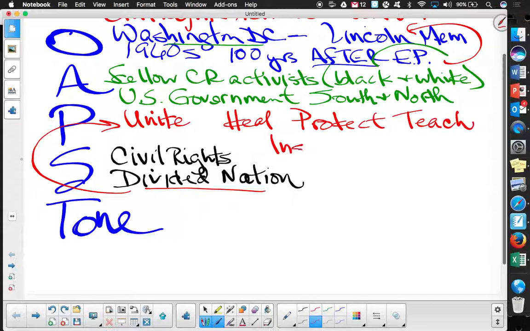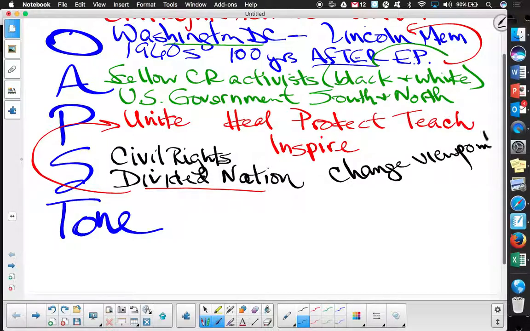People will say inspire. You could persuade. You could try to inspire people, from a subject, to maybe change viewpoints. Or what could you do with the word change? You could move that up into your purpose. What's his purpose? He's trying to change the mindset of the nation.